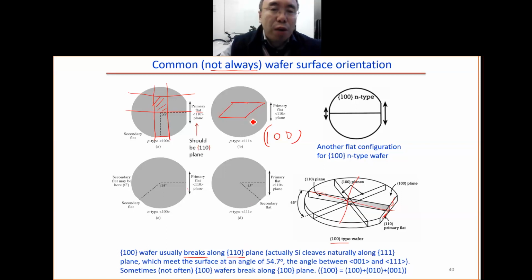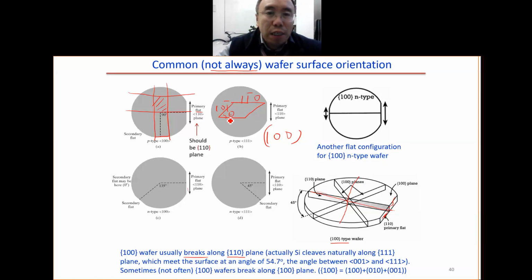It's a parallelogram. So one of the orientations may be this one, the 1 0 minus 1. So what's the angle here?